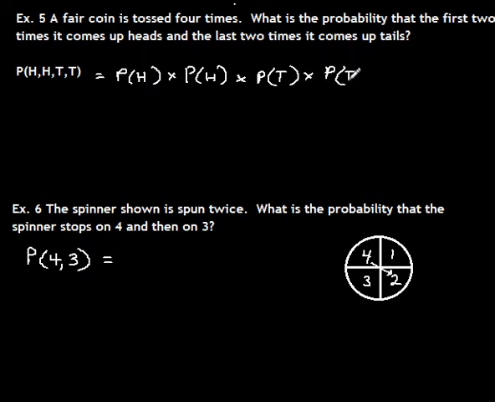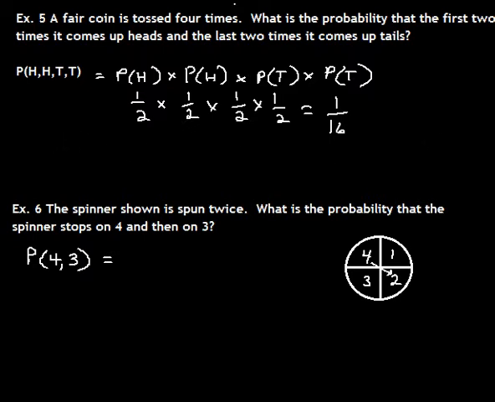And we did enough of these coin problems that we know the probability to get a head is a half. 1 out of 2, another head is 1 out of 2, tail is still 1 out of 2, and another tail is 1 out of 2. So the probability would be 1 out of 16 that we would flip a head, then a head, then a tail, then a tail. So these are just designated order. So it's the probability of the possible outcomes that satisfy the requirements divided by the total possible outcomes.